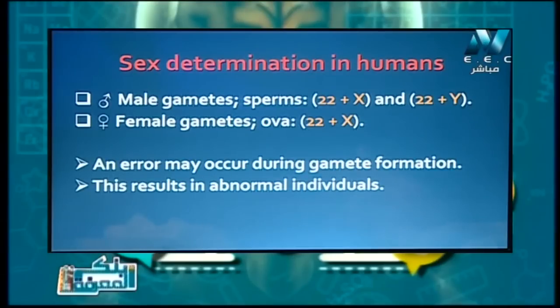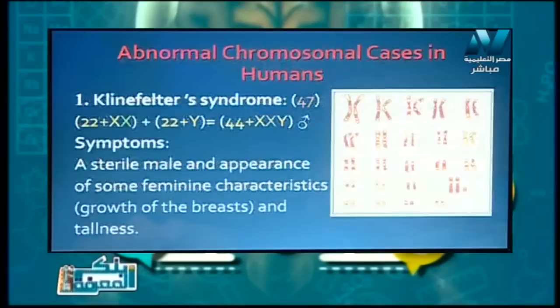So this gamete will contain one more chromosome than normal, and the other gamete will contain one less chromosome, so they will be abnormal gametes. If these gametes fuse together, they will produce an abnormal case.